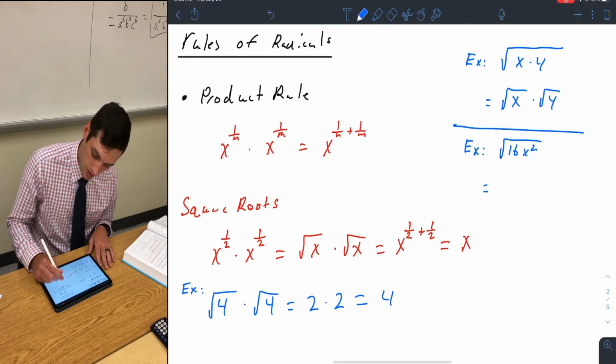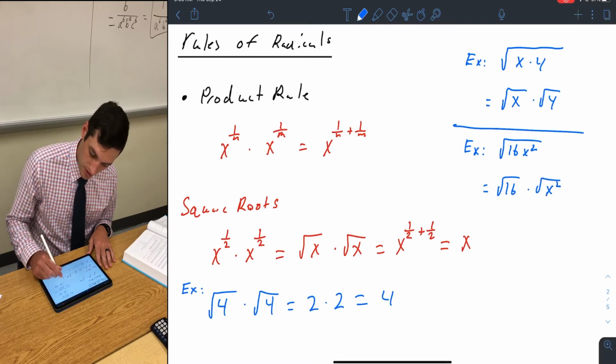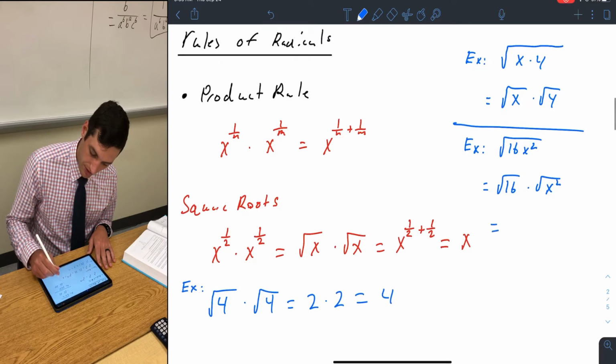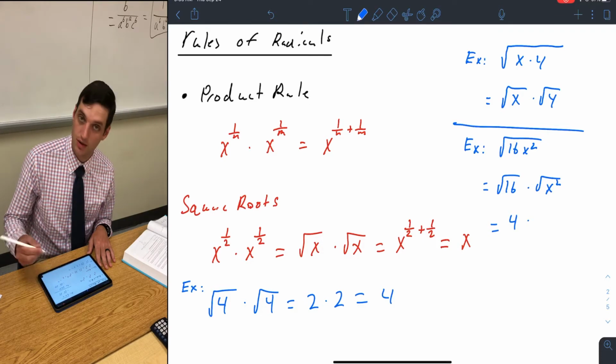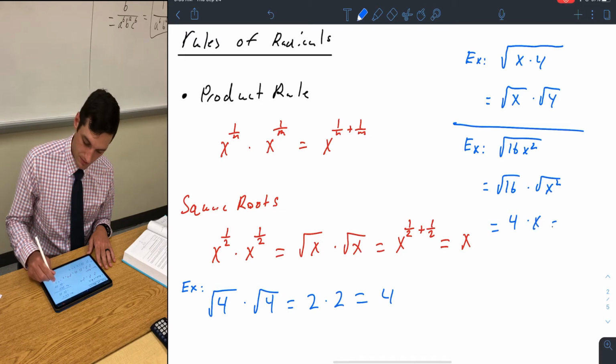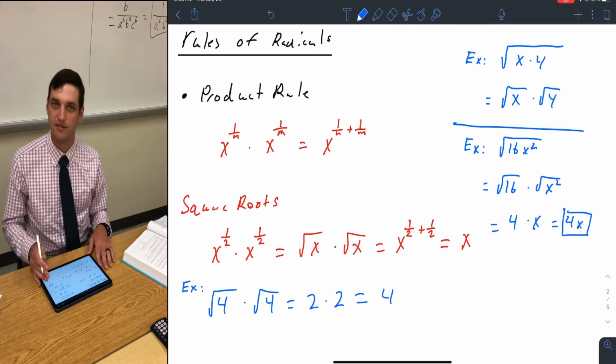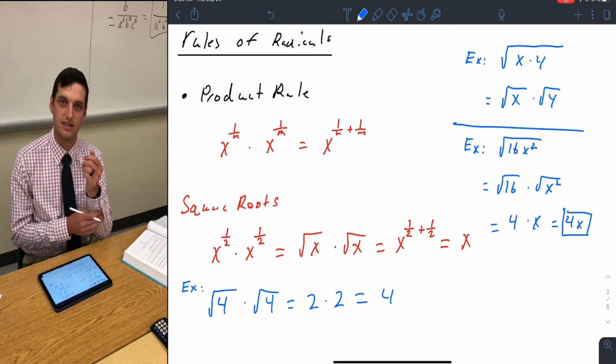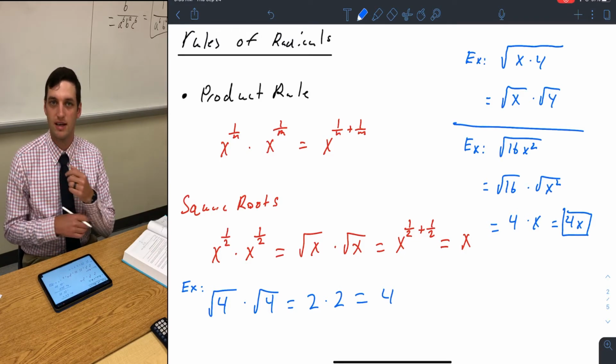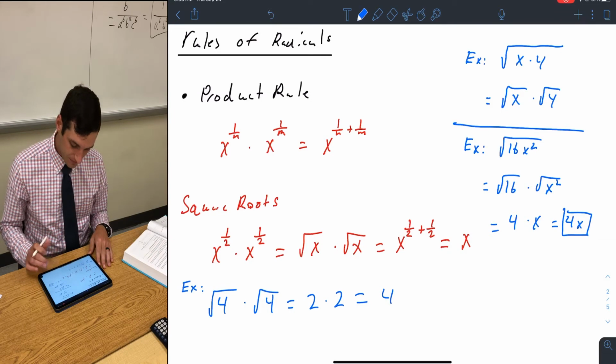Well, this is equal to the square root of 16 times the square root of x squared, which can be simplified to the square root of 16 is 4 times the square root of x squared is x, which equals 4x. So you can now see the value in this, being able to separate this into multiple different functions.